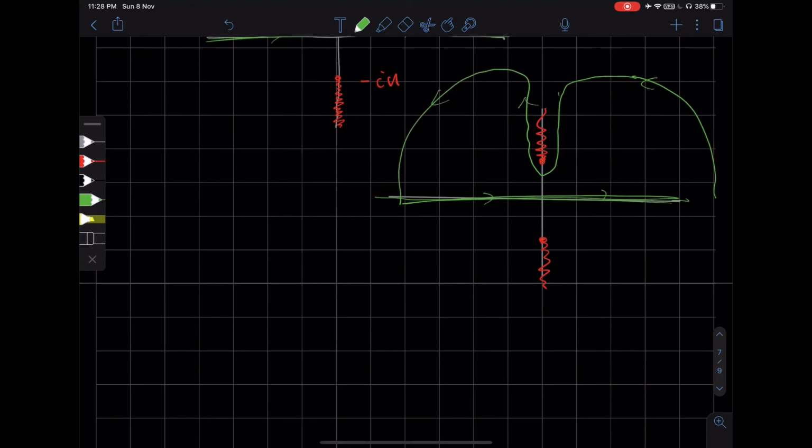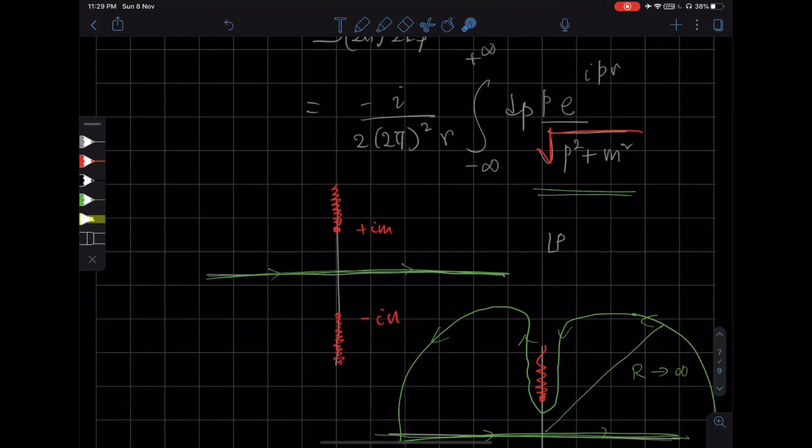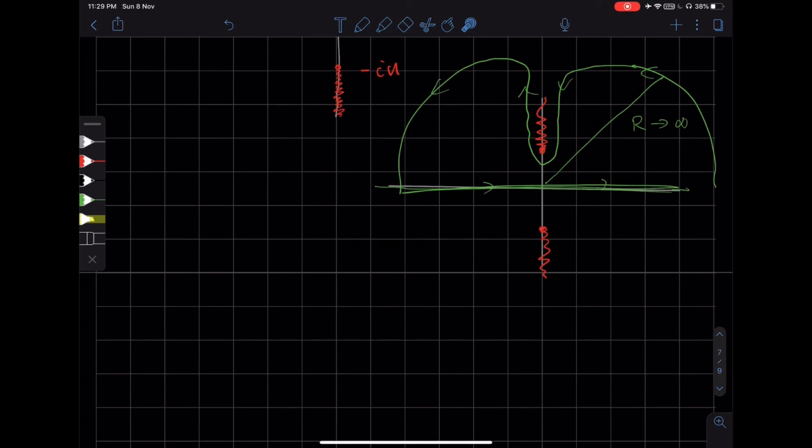If this radius was r, in the limit where r went to infinity, the contribution to this integral from this part of the contour and this part of the contour would vanish because of this exponential factor. And if that is so, then the integral over this part of the contour plus the integral over this part of the contour would add up to the residues of the singularities inside. But there are no singularities here, so the residue is 0.